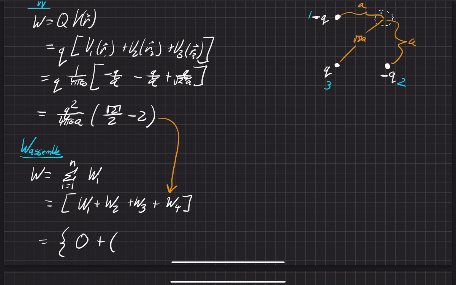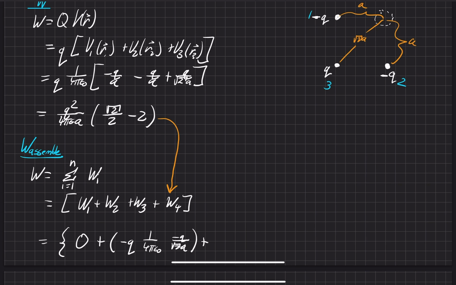So the potential caused by that one at that distance, which is of course square root of 2 times A. So negative Q is the charge that we're bringing up to it times the potential, which is 1 over 4 pi epsilon naught, negative Q over square root of 2 times A. And again, that is the distance right here because we have a square. So that's the work for number 2.